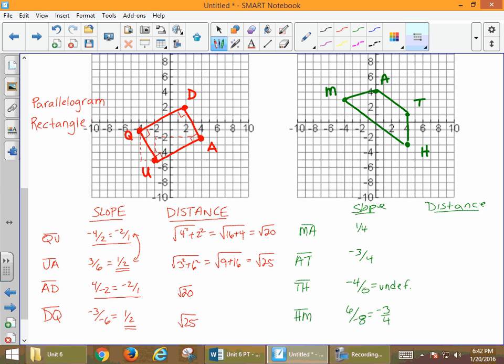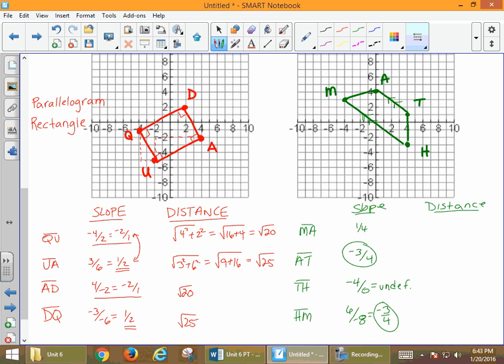So I look first for whether opposite sides are parallel. So are MA and TH parallel? No. One has a slope of 1/4 and one has an undefined slope. Then I look at AT and HM and I see that they both have the same slope of -3/4. That means they are parallel.